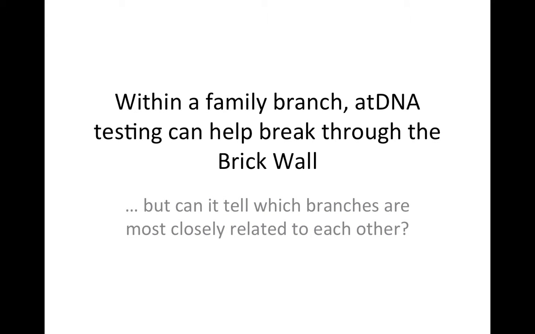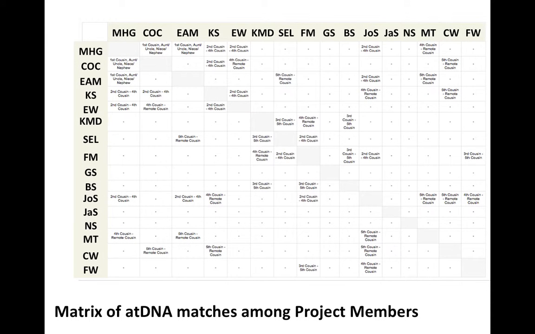But can it tell which branches are most closely related to each other? And that is really the question we want to find out. So here is a diagram of the matrix of autosomal DNA matches among project members. And I've put in the particular initials for each of the project members, and you'll probably recognize some of your initials up there.